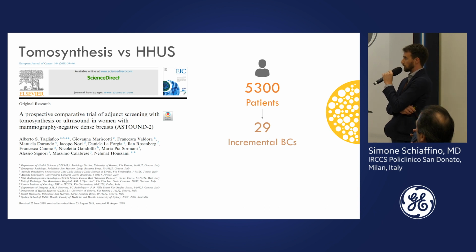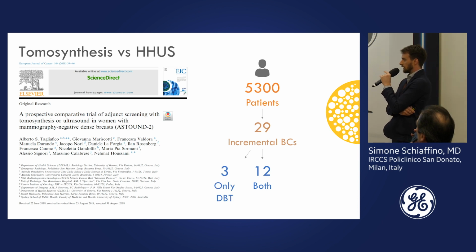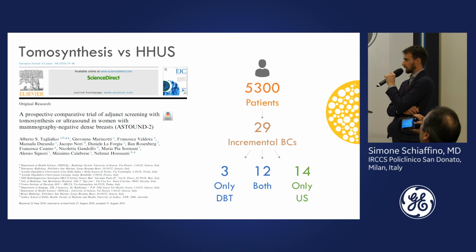So the combined use of digital mammography and US generated an additional 4.9 detected cancers per 1,000 women screened, while digital breast tomosynthesis added 2.8 breast cancers per 1,000 women screened.